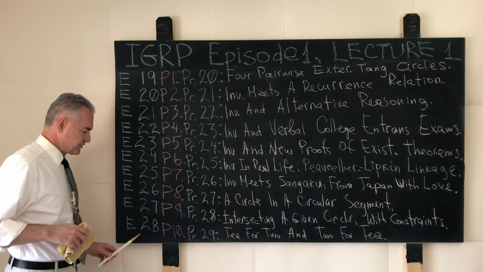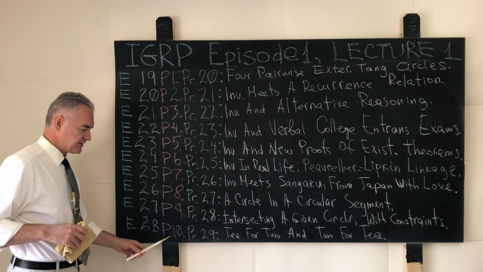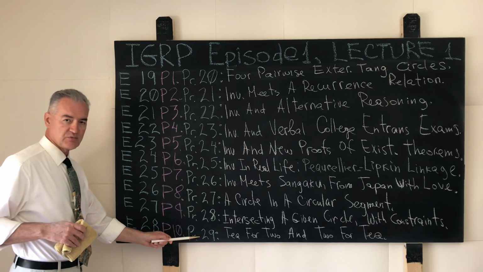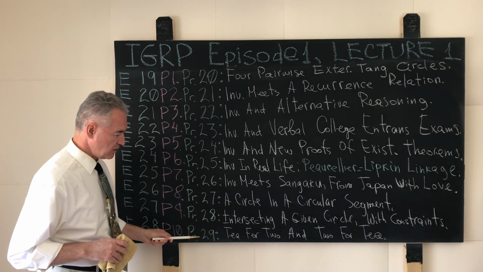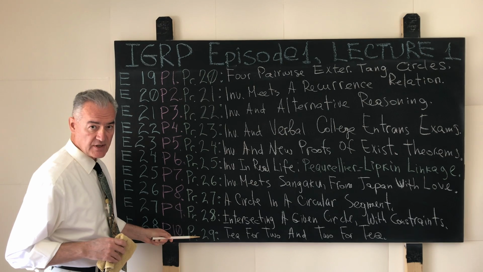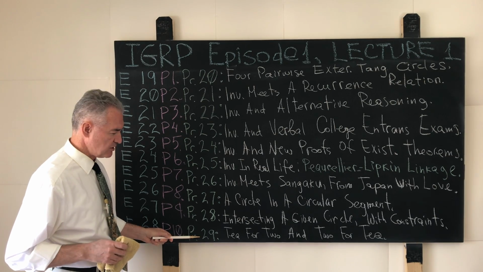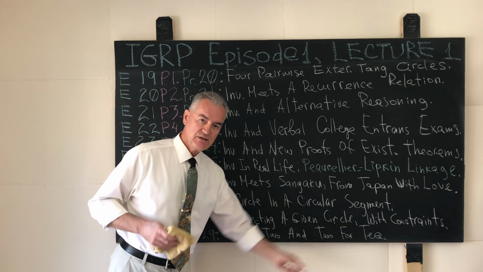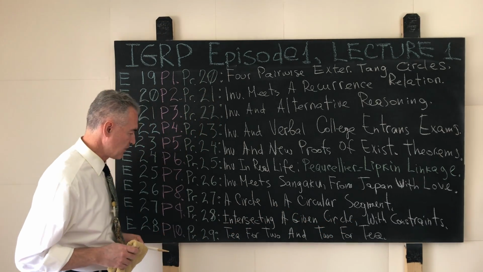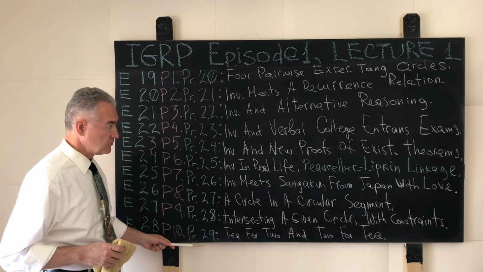Lastly, in episode 28, practice 10, we will solve the problem number 29. That will be the problem that will conclude our initial study, and I gave that episode a romantic name, T for 2 and 2 for T. We will see what that is all about when we get there.